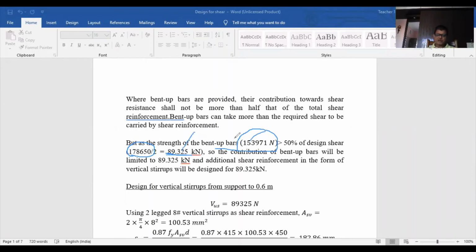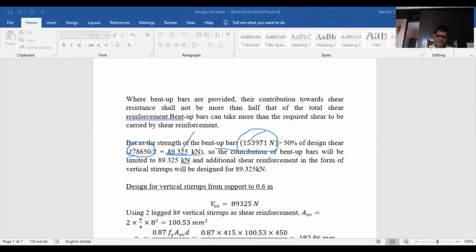So 50% is taken by the bent up bars, and 50% will be taken by the vertical stirrups in the present case. Though the strength of the bent up bars is 153 kilonewton, their contribution toward shear resistance is limited to 50% of the total shear design force.